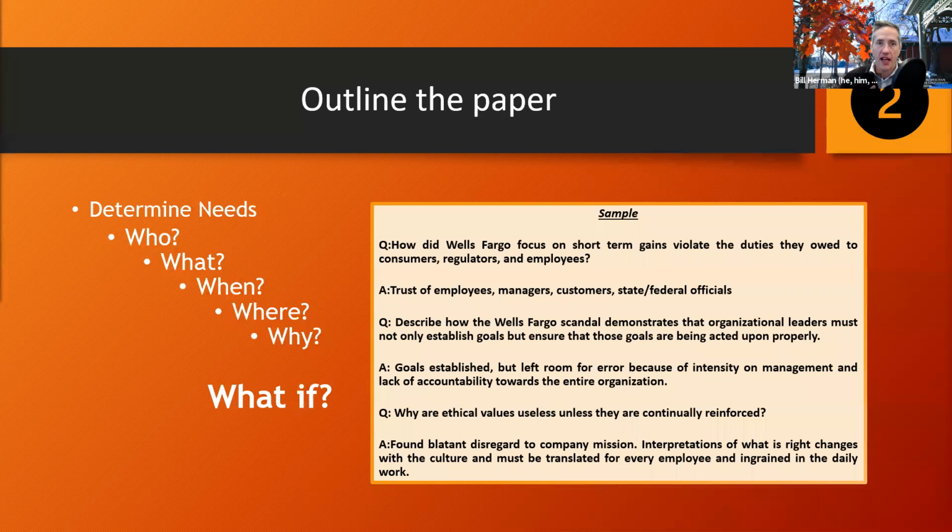If you're going to say that Wells Fargo's incentives program caused or contributed to this crisis, then what you're really saying is that if their incentives program had been structured in a different way, then the crisis might not have happened. Right? So I want you always to be thinking about, what if things had been different?